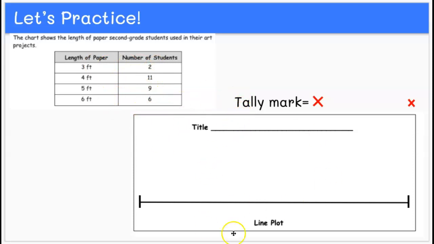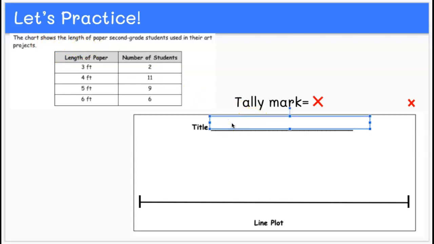All right, so this line plot looks different than the ones we had yesterday. We don't have a title, we don't have our hash marks, we don't have our numbers at the bottom. So we're going to have to fill that information in today. I'm going to go back to my data table to figure out what I want my title to be. This chart shows the length of paper second grade students used in their art project.